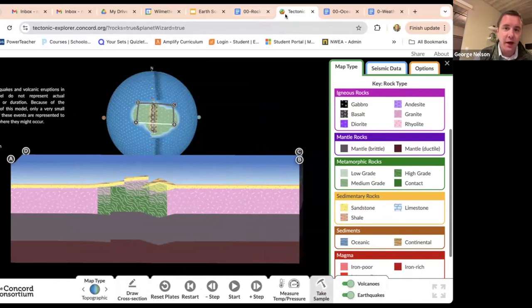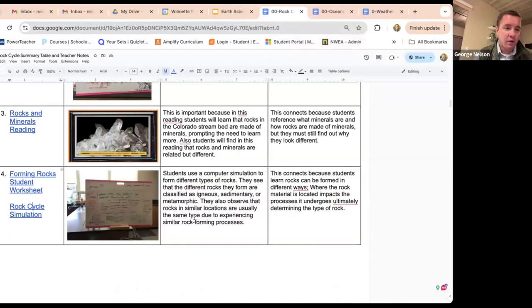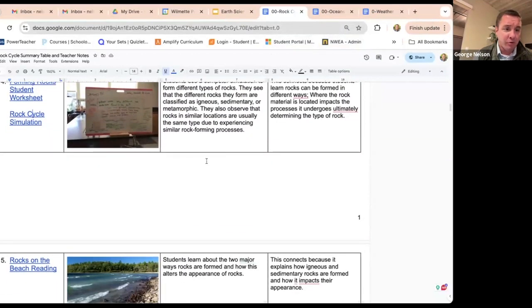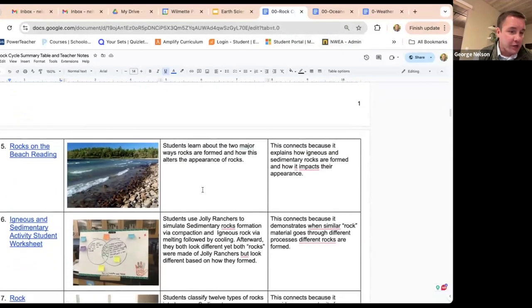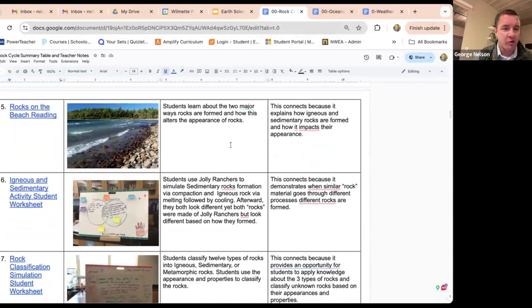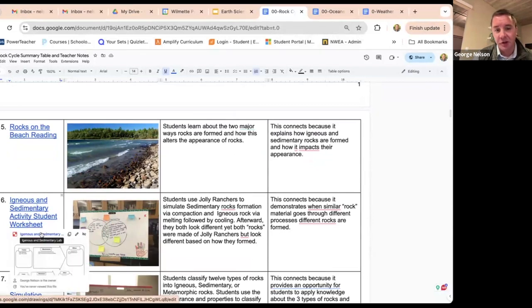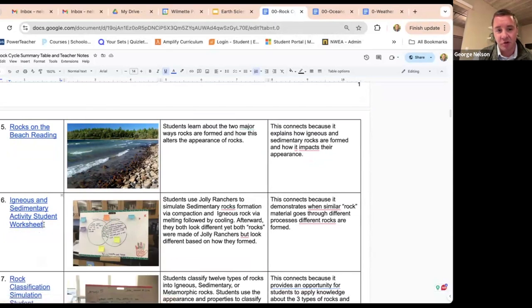So we start seeing this idea that there's igneous, sedimentary, and metamorphic. We do some readings where we start talking about how they're made, and in this unit we especially focus on how igneous and sedimentary are different. In the teacher notes there's an igneous sedimentary worksheet.